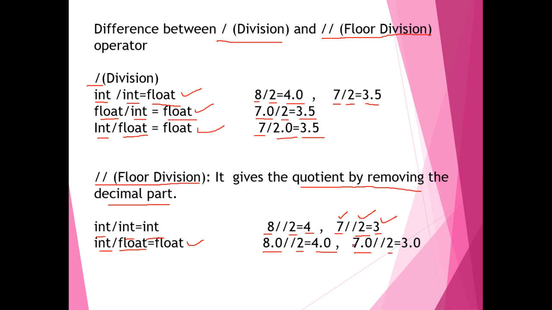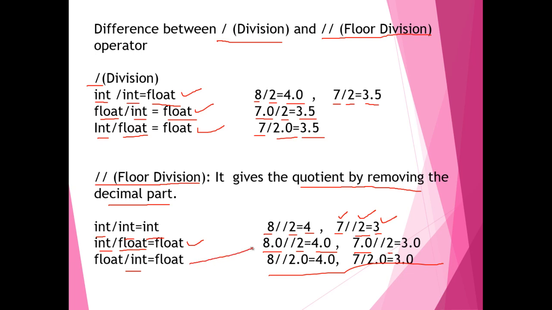So by writing 7.0 instead of 7, we are providing the fractional data. And suppose we write float divided by int, then obviously we get the answer in the same manner. This pattern is represented by this expression, and that pattern by this expression, so it's just interchanged.